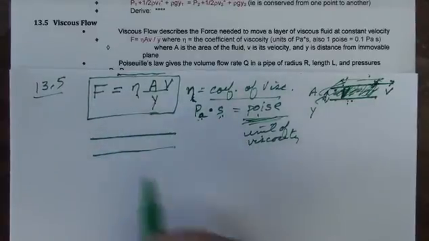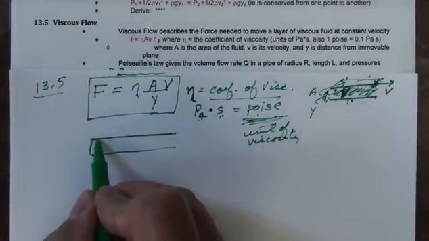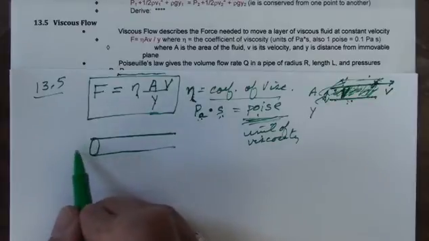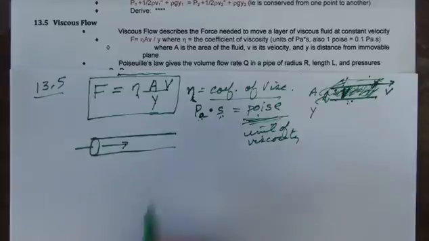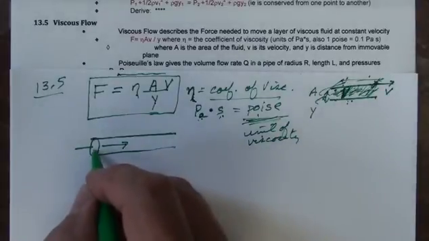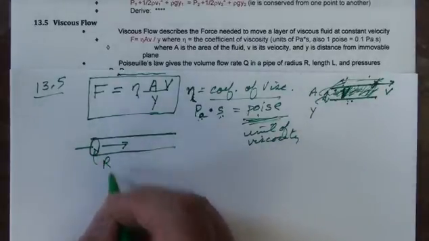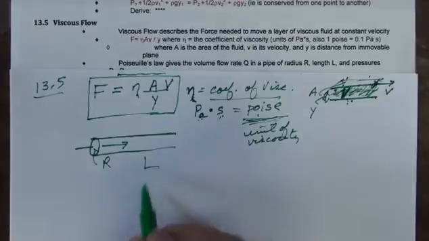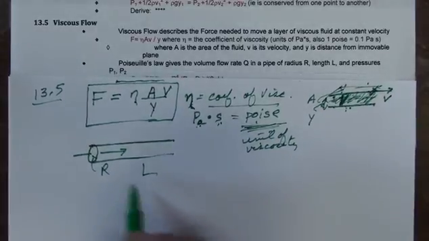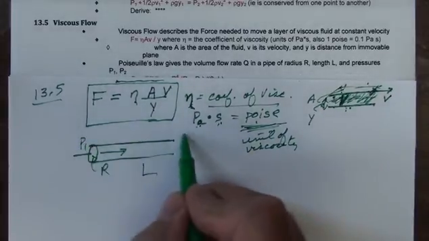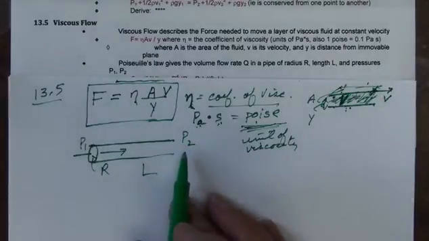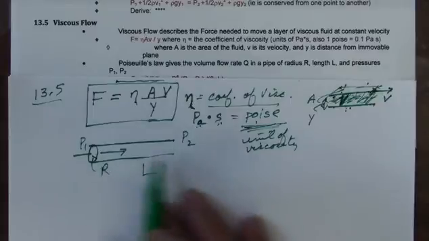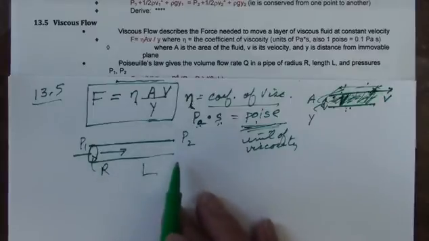So we have a pipe here, and we say, okay, in this pipe we want to move some fluid. And this pipe is going to have a radius r, going to have a length L, and it's going to have a pressure P1 at this end and a pressure P2 at this end. Now, if it has the same pressure at both ends, then in fact the fluid's not going to move in the pipe.